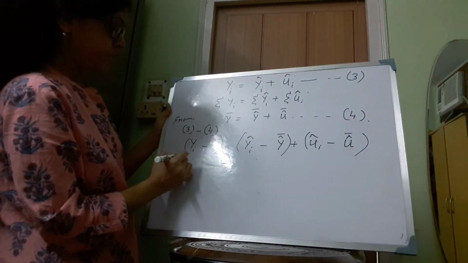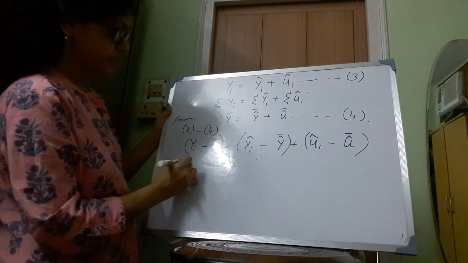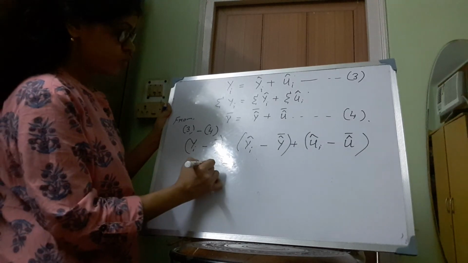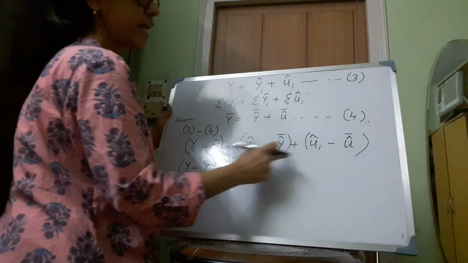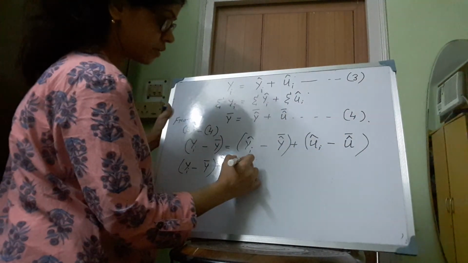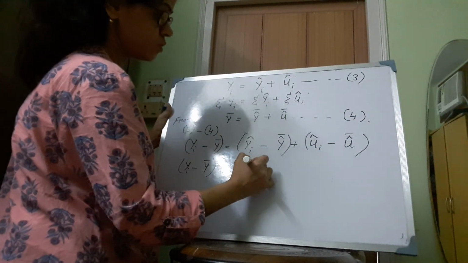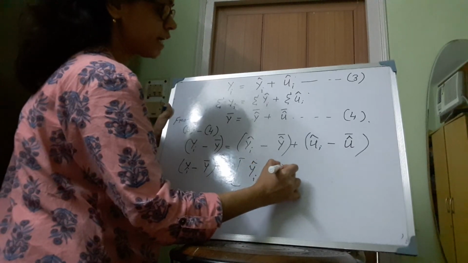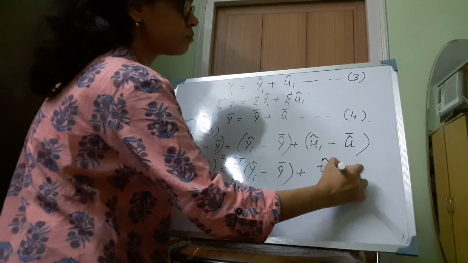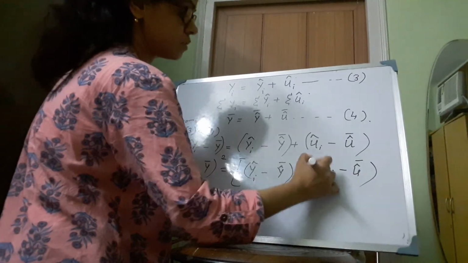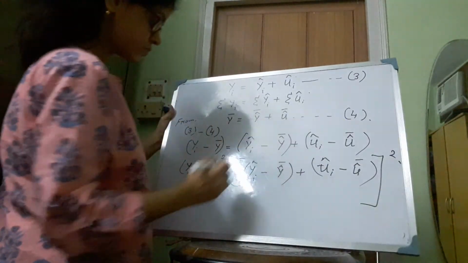Now we are squaring both the sides. So then we will get yi minus y bar whole square. Then this is a, this is b, so a plus b whole square, yi hat minus y hat bar whole square plus ui hat minus u hat bar whole square.